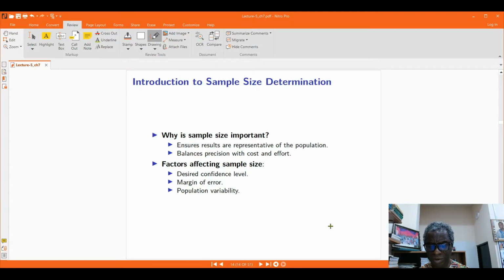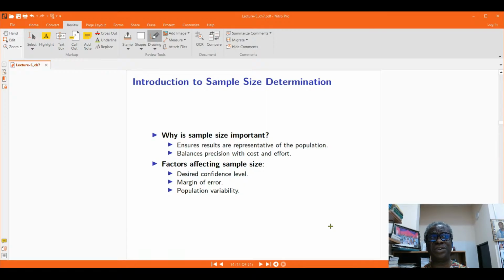So your choice of confidence level will affect the sample size. The margin of error will also affect the sample size.